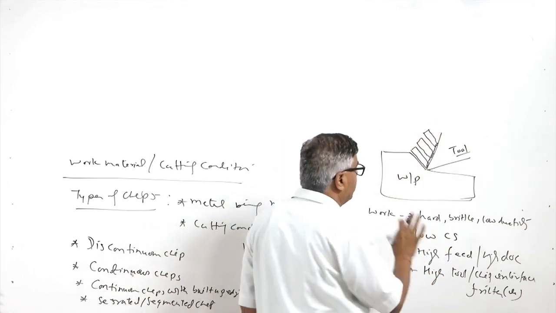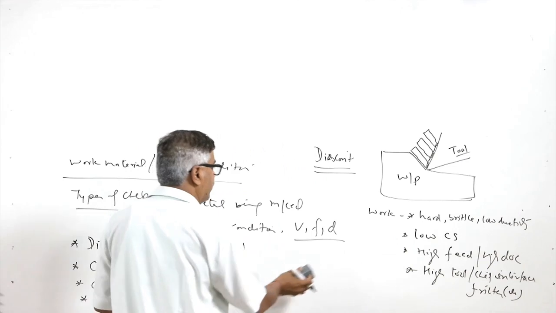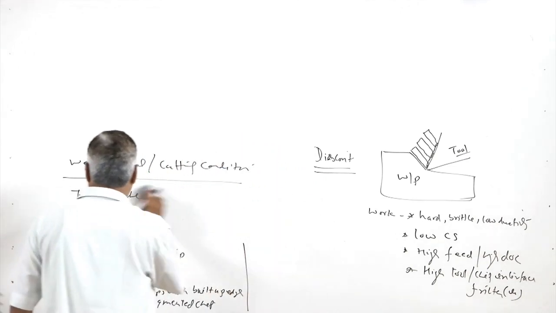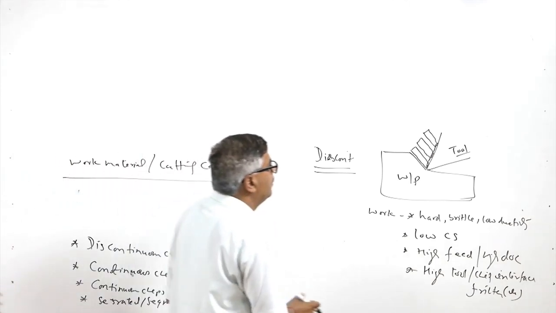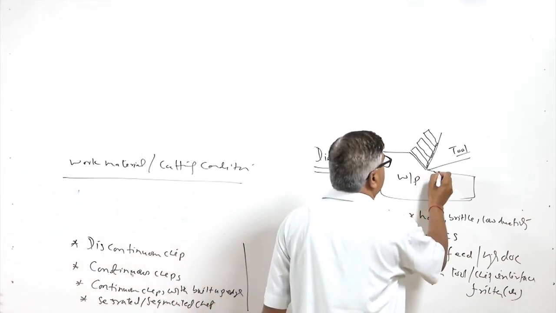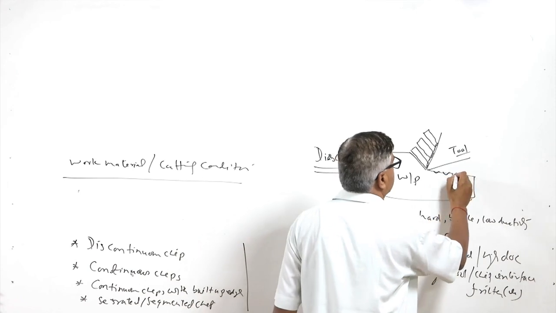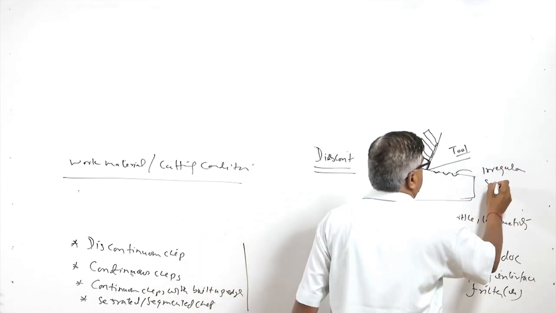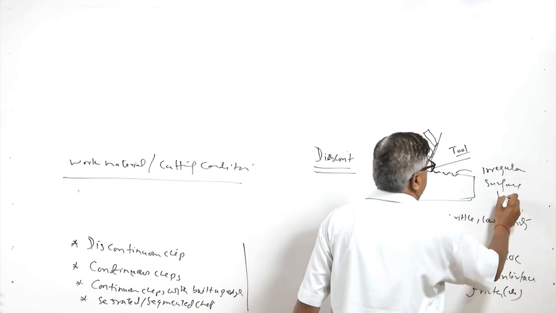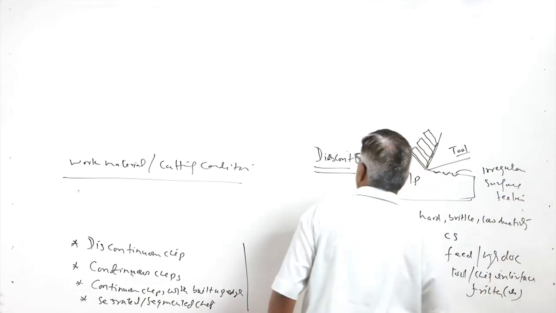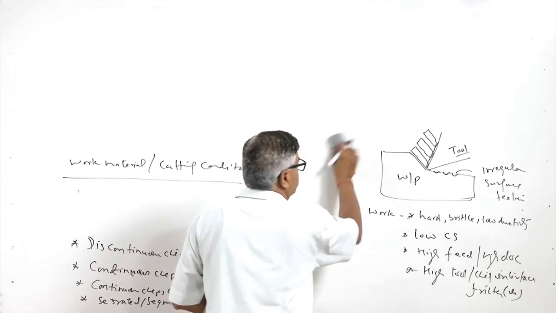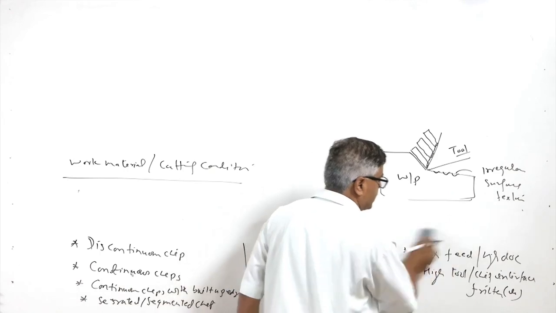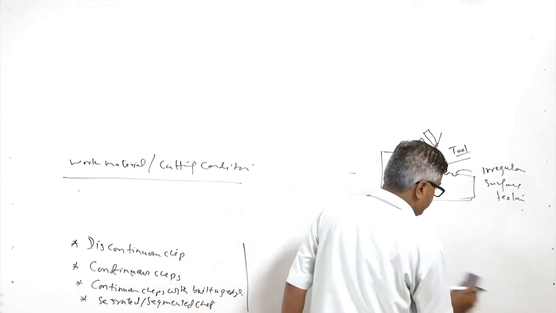The chips will come in the form of very fragmented, very small pieces. When such chips are formed, we see a very irregular surface texture produced during the machining. Machining of cast iron typically produces such chips.